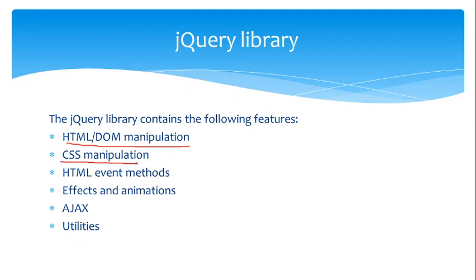And we can do some manipulation in CSS with the help of jQuery, and we can do HTML event methods like onclick, focus. Okay, that kind of method you can use in the jQuery library.